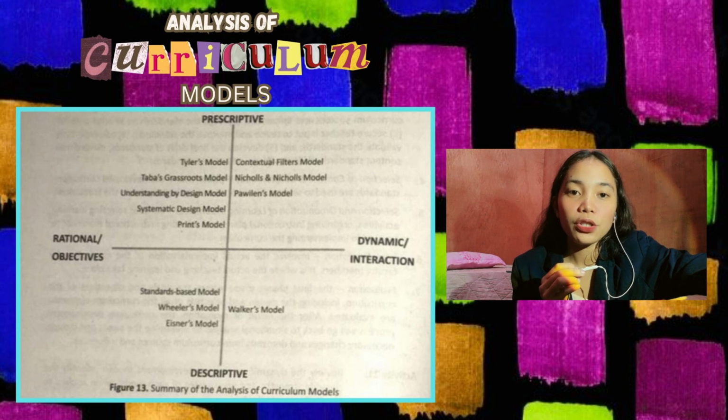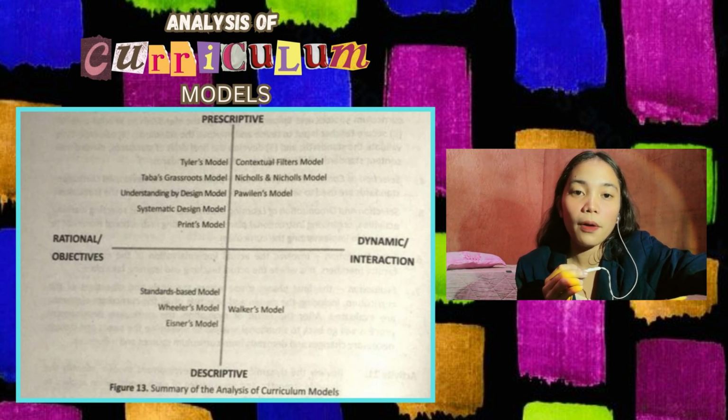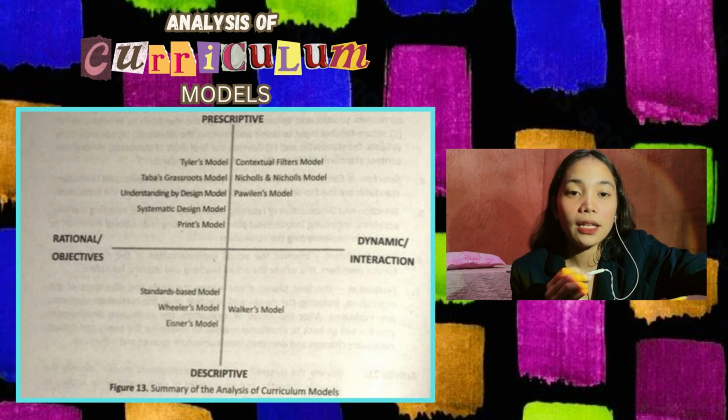So here naman sa rational or objectives-based models, na-include dito yung standard-based model and yung Wheeler's model na nag-emphasize a clear and step-by-step procedure to achieve specific educational goals. So in the dynamic or interaction-based models, makikita nyo dyan yung Eisner's and Powell's models. These models are flexible and interactive, making them more adaptable.